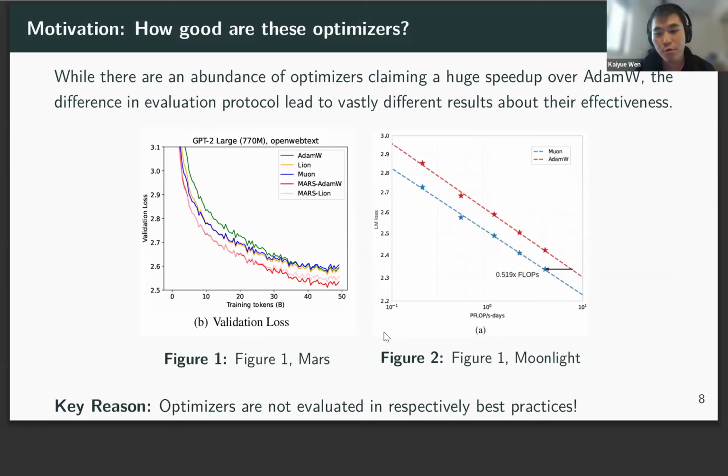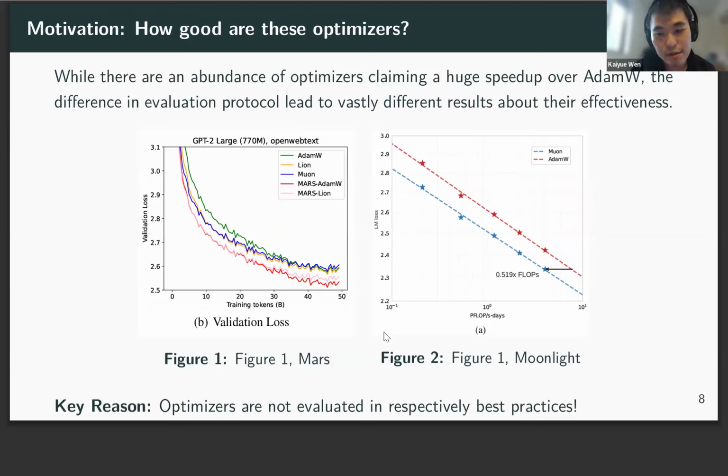So for example, these two figures are both taken from other papers introduced this year. The first figure is from the Mars paper, the red curves in this plot, and it shows that Mars seems to have a very high speed up over AdamW. However, Muon in this particular comparison seems to be slightly worse than Adam.